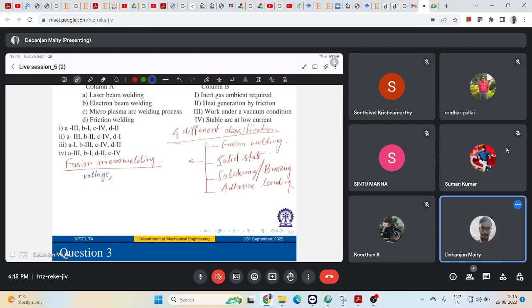Similarly controlled variables such as voltage, current, and also travel speed.